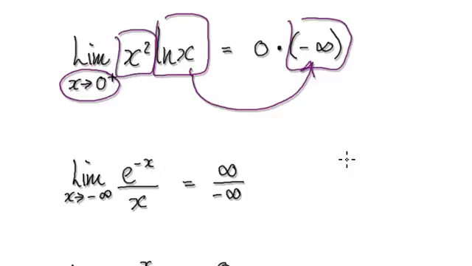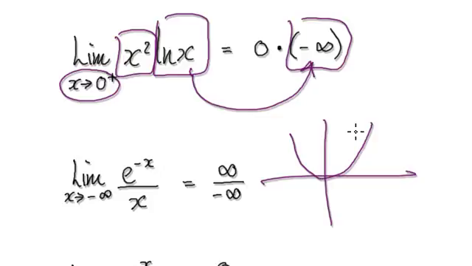If you look at this thing here, x squared looks like this, and you're approaching 0 from the right hand side. You are heading towards 0.